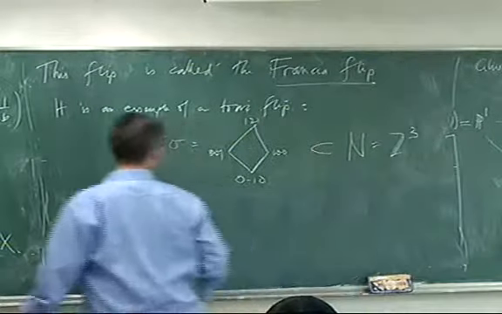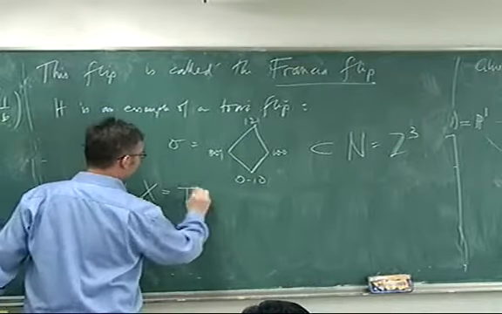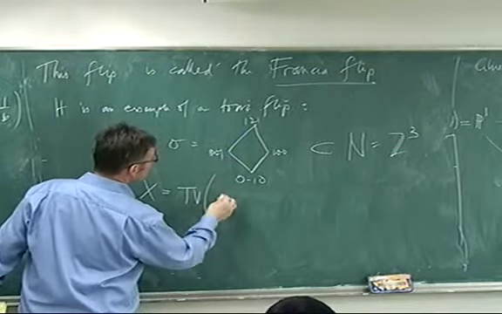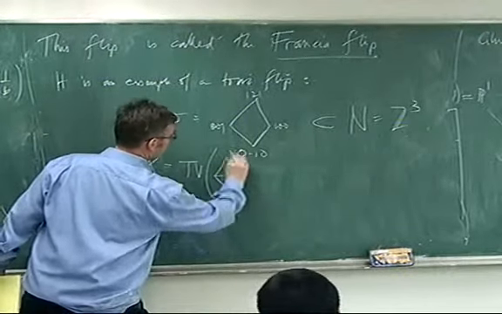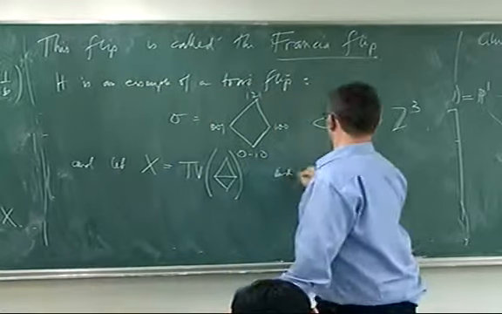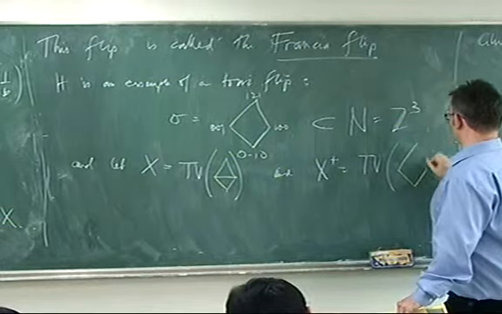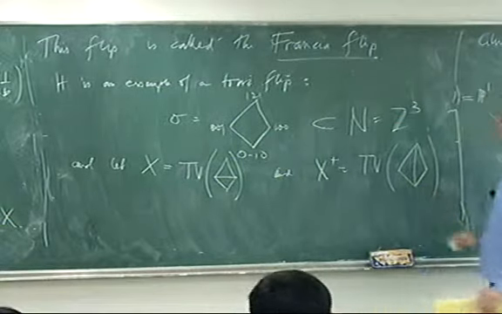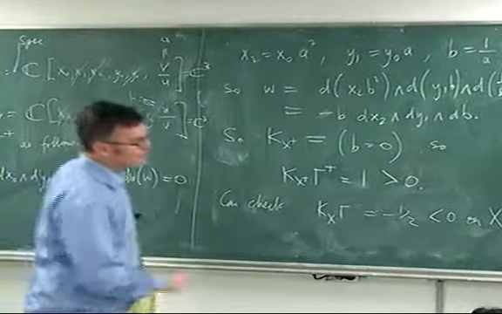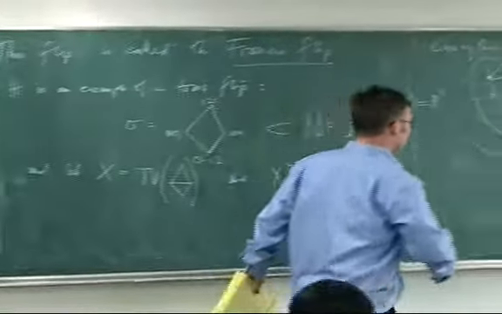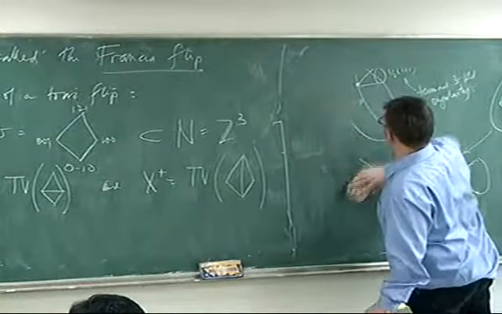So that's a cone, and let x be the toric variety of, I'm going to have to divide this up in two ways, that division, and x plus be the toric variety of the other division. To be honest, if I was going to calculate this kx plus gamma is minus half, I'd much prefer to do it in this language. It's jolly straightforward in toric geometry, but perfectly possible in coordinates as we've done.